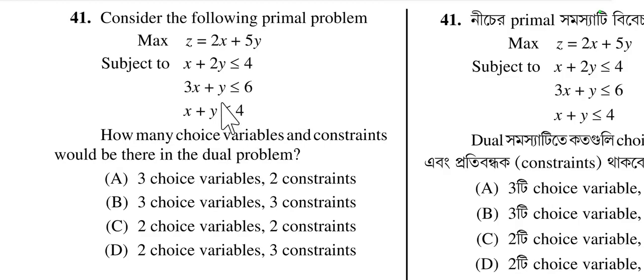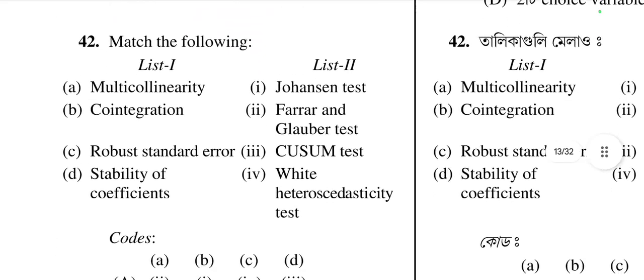So the right answer is three choice variables and two constraints. Option A is the right choice.